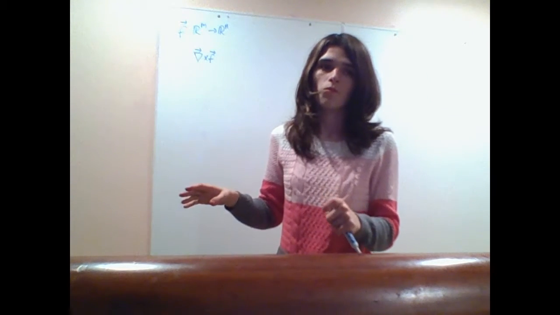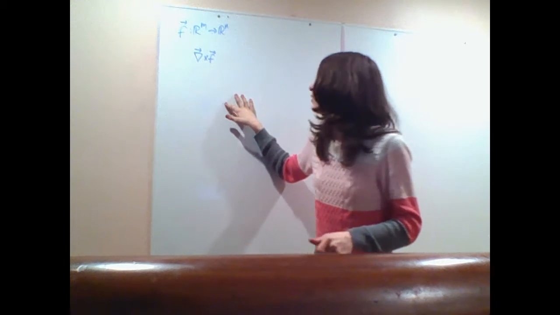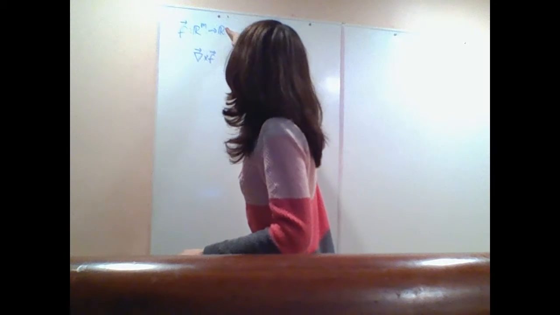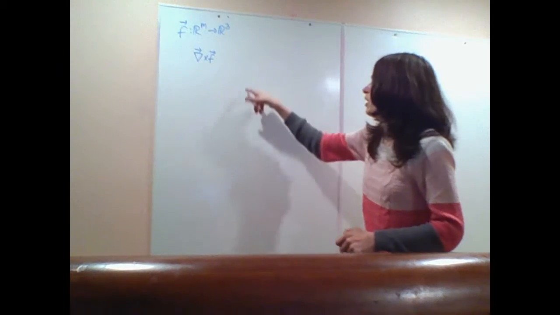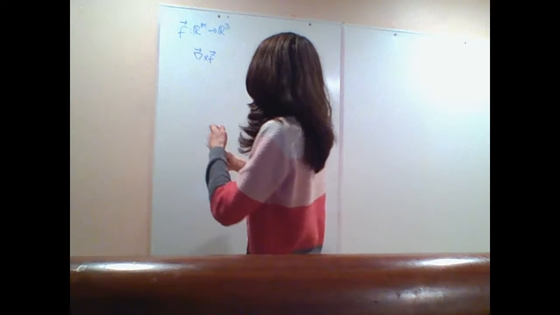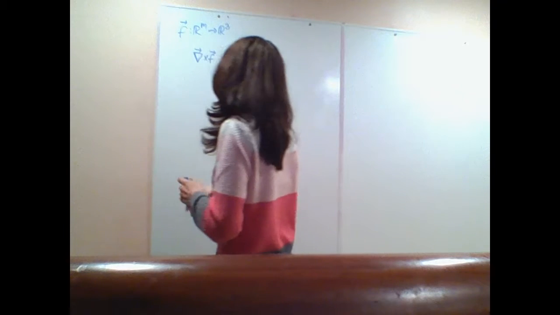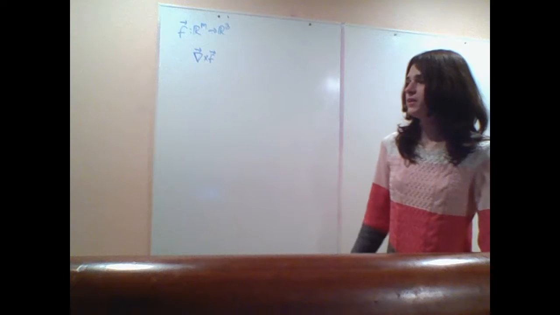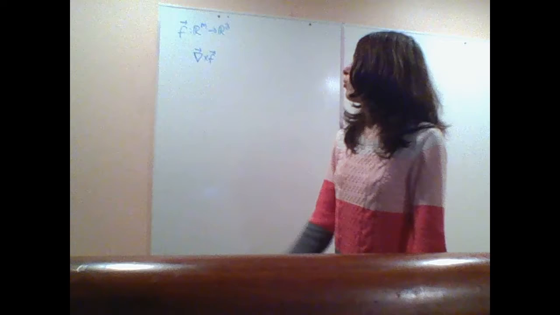So in this case, because we go from Rm to R3, because cross products can only be taken with a vector with 3 parts. You can't do any more, you can't do any less.